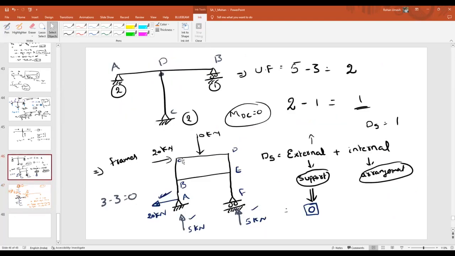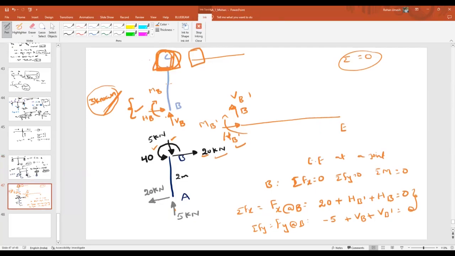Again, if you look at joint C, how many members are connected? 2. If 2 members are connected, and at one member the forces are known, what about the forces in the other member? Opposite direction. That means if these are known, these are just opposite. Similarly, in the member, if these are known, these are opposite.